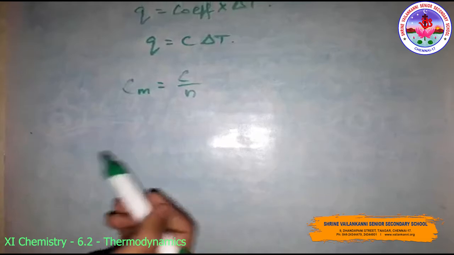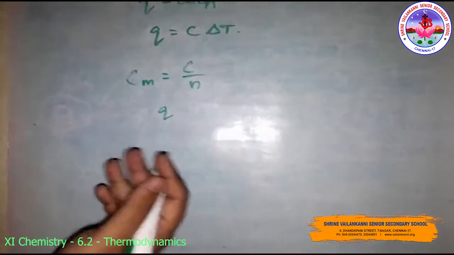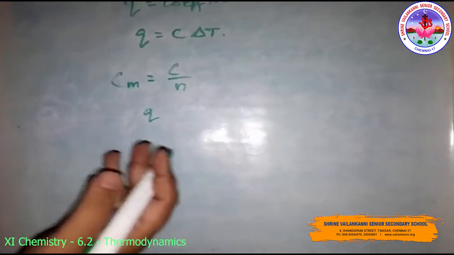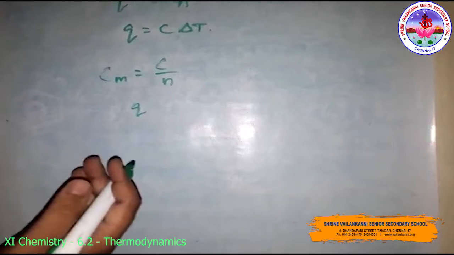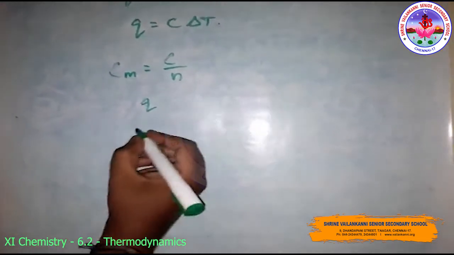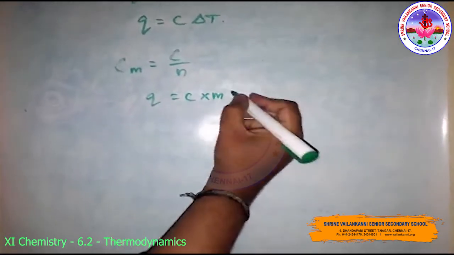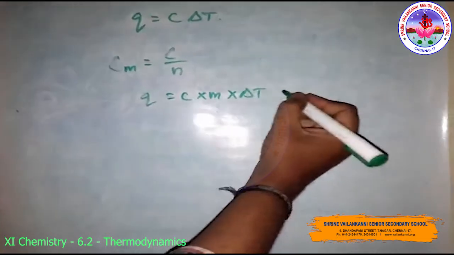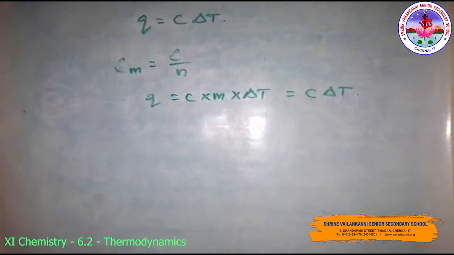To find out the heat Q required to raise the temperature of a sample, we multiply the specific heat of the substance, c, by the mass m and the temperature change delta T. So Q is equal to c into m into delta T, which is equal to what? C delta T. Okay.